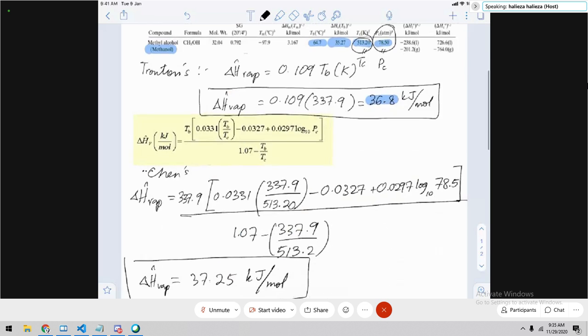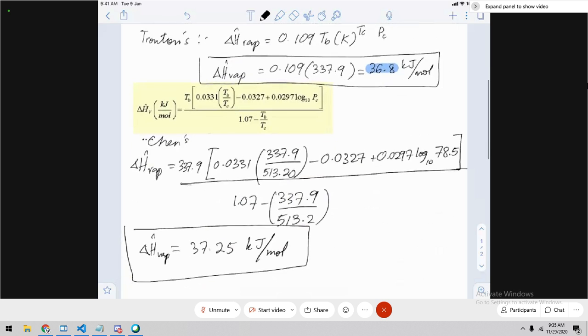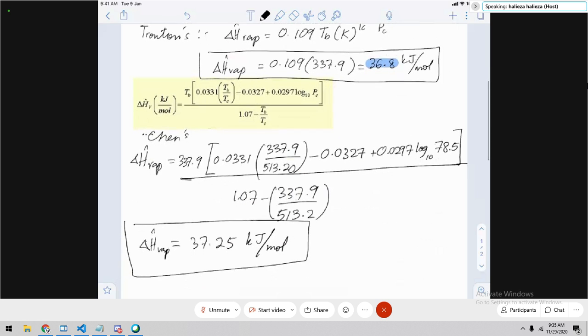Okay, guys, did I make any mistake in my calculation? Somebody getting a different value? Anybody check whether that is 37.25? Anybody getting a different value? Same value?